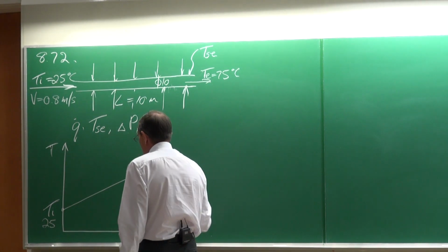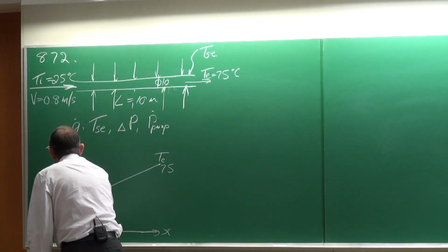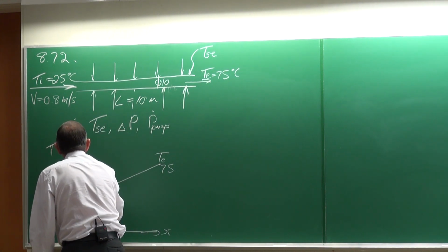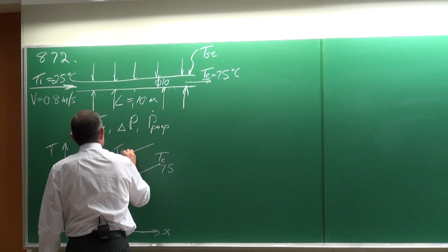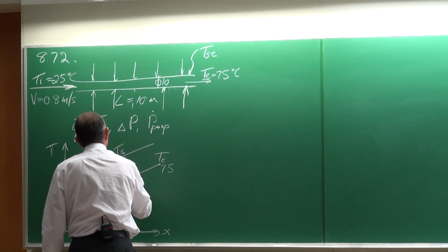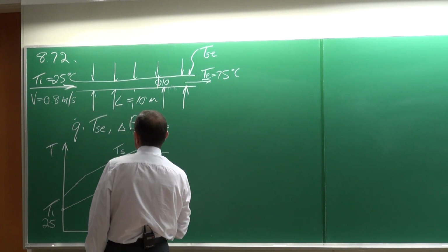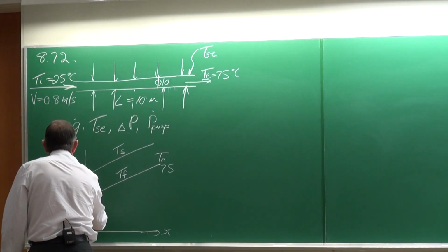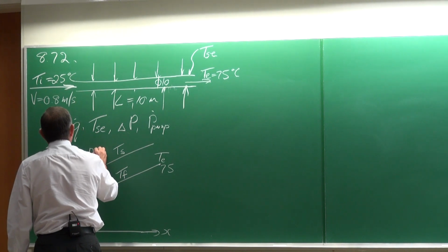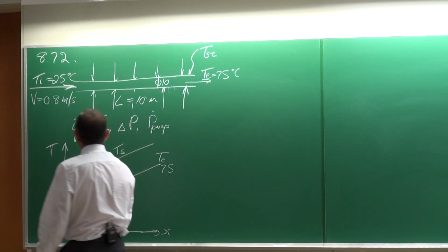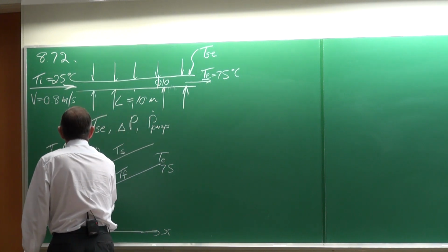Okay. Surface temperature, we'll do something like that. That is Ts, that is the temperature of the fluid, and that would be the separation between fully developed flow, FD fully developed, and developing flow on the left-hand side.